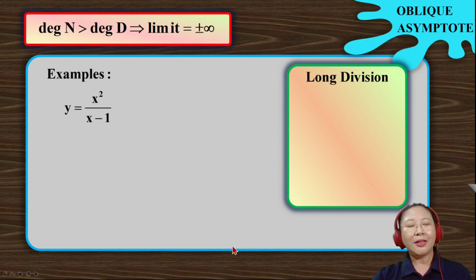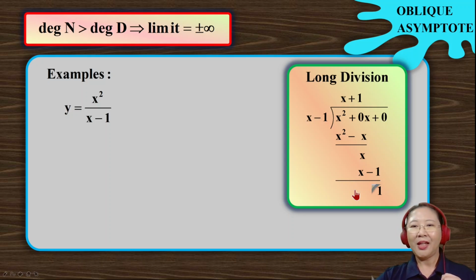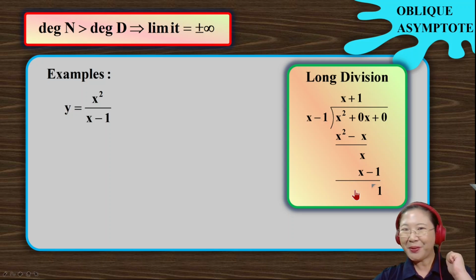So let's look at this type of case. The numerator has a power which is bigger than the denominator. So what we are going to do is set up long division. If you do not know how to do long division, please check out the videos that I have for SEM 1 on long division, and I will leave the link on top.